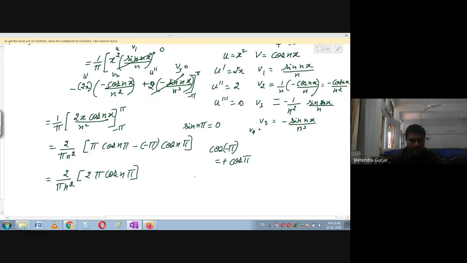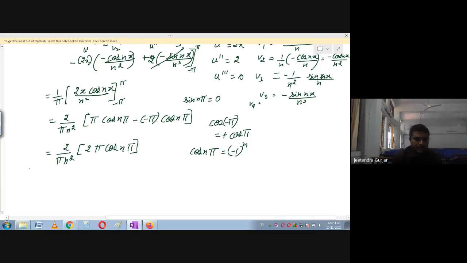Yes, in the formula it is clearly mentioned, that is cos n pi will be equal to minus 1 raised to n. So just substitute this value, students. I can see we are going to get an. An is equal to 2 into 2 will become 4, and this pi value will get cancelled with this pi. Okay, cos n pi is going to become minus 1 raised to n upon n square. So this is our an.